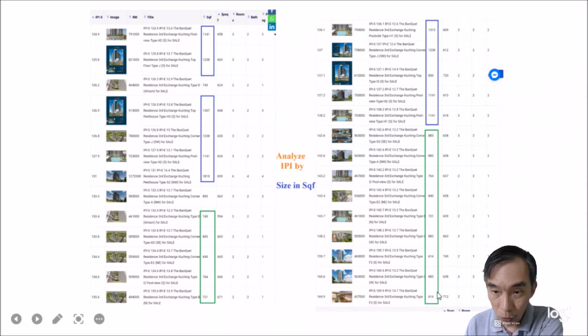So the smaller units' per square feet price is more expensive, definitely, compared to the bigger size units. Therefore the IPI figure will be higher for the smaller unit built up area compared to the bigger unit built up area.